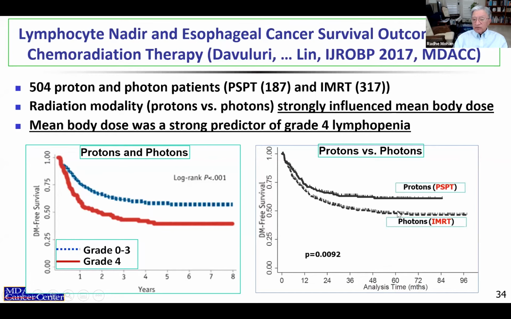On the right-hand side, what you see is the results for protons compared with photons. The survival for proton patients was significantly superior compared to those for photons. And while this is not a definitive proof, it is pointing to the fact that if the lymphopenia is reduced with protons, then the survival is likely to be better also.